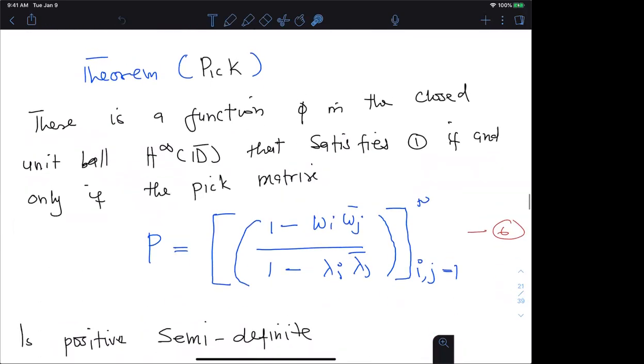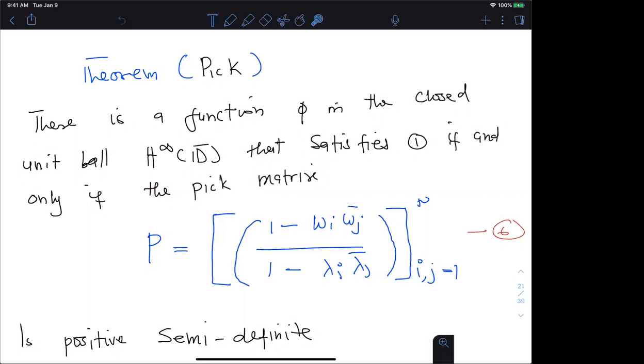So now let's come to the Pick theorem about the whole problem. This theorem specifies the necessary and sufficient condition for such a solution to exist. It says that there is a function phi in the closed unit ball of H infinity that satisfies (1). And by (1) here, I mean the problem statement: given lambda 1 through lambda n, omega 1 through omega n, does there exist such a function.